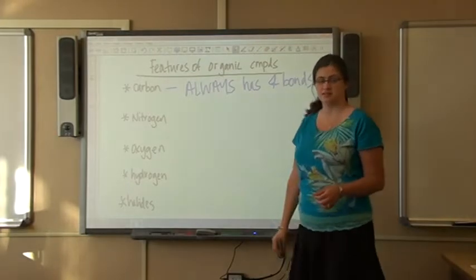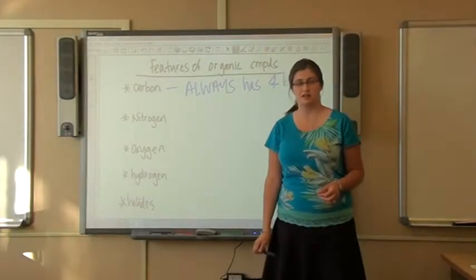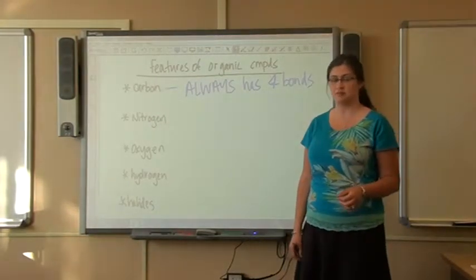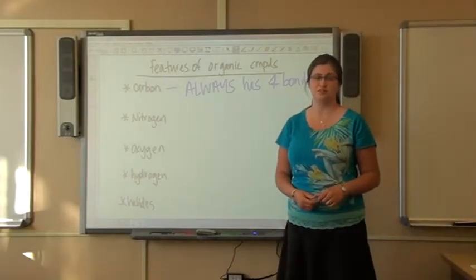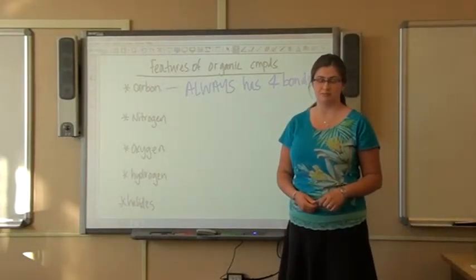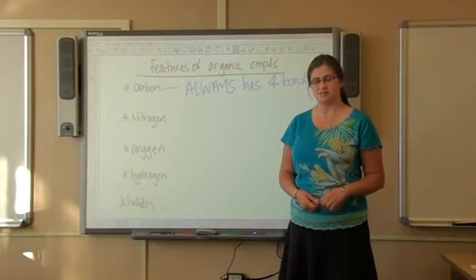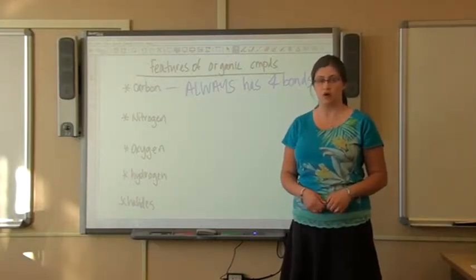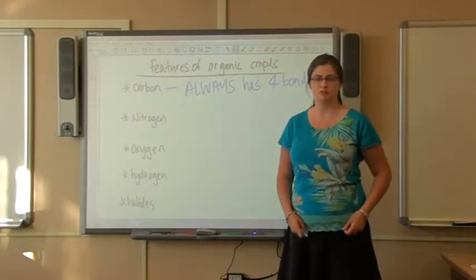My mom, who was a chemistry instructor at LTC for many, many years, always said that if you can count to 4, you can do organic chemistry. And that's pretty much true, because as long as all of your carbons always have 4 bonds, you should be okay.